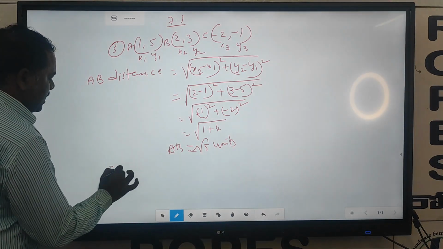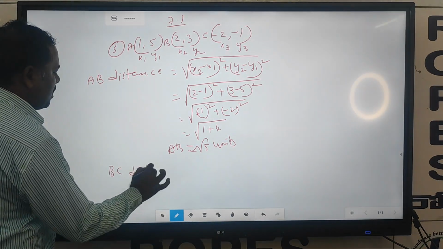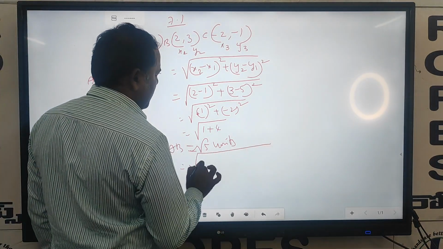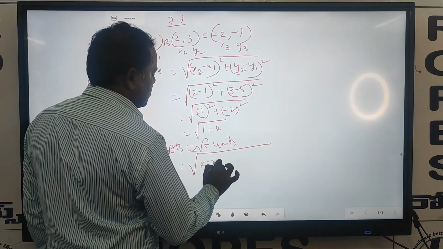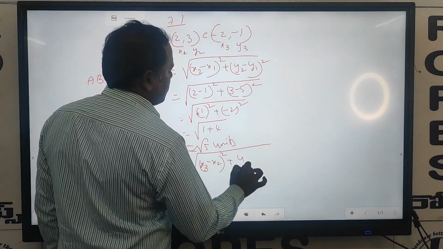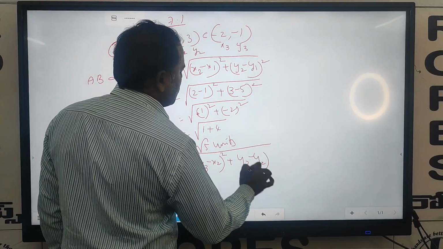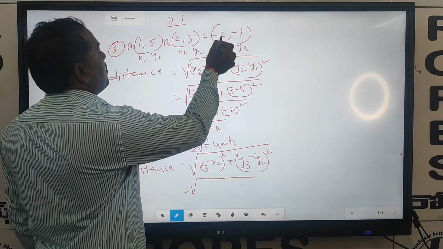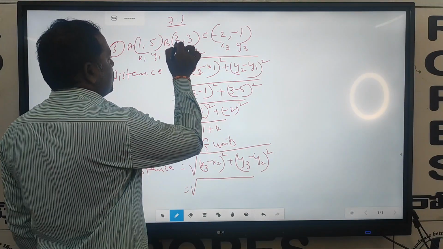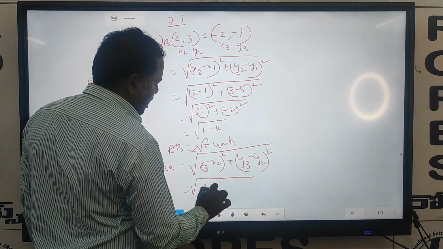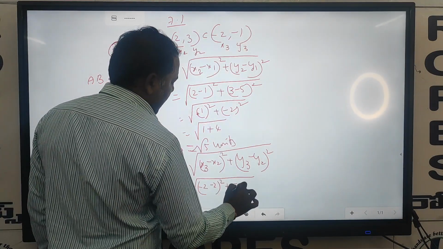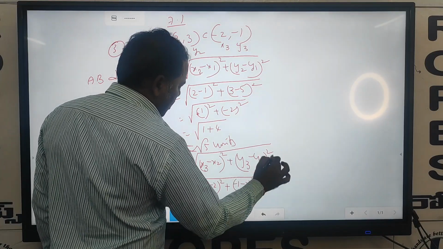Now the BC distance. It is the root of (x3 minus x2) whole square plus (y3 minus y2) whole square. Here x3 is minus 2 and x2 is 2, so (minus 2 minus 2) whole square plus (minus 1 minus 3) whole square.